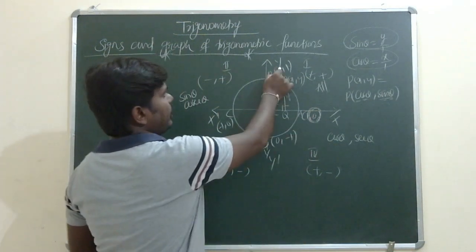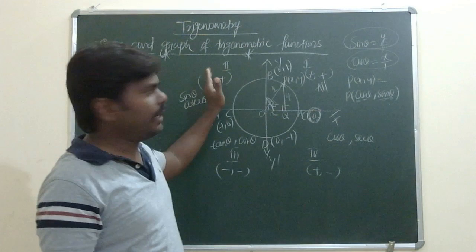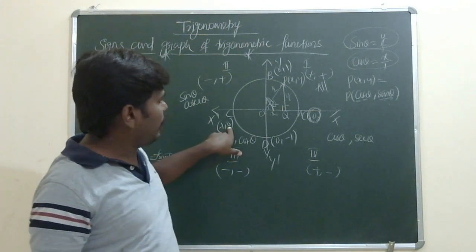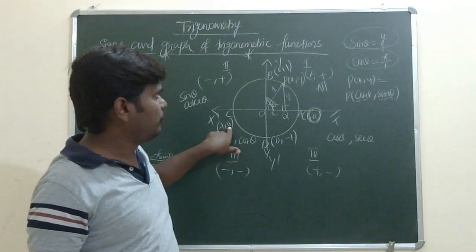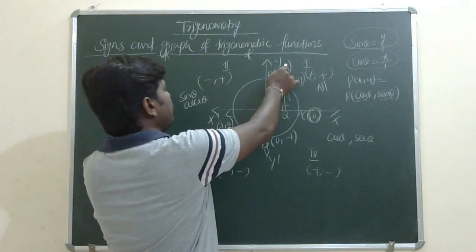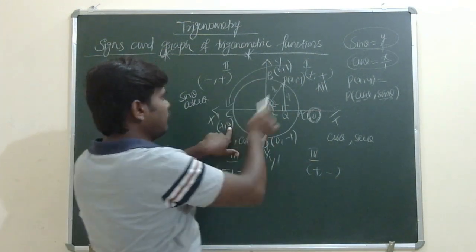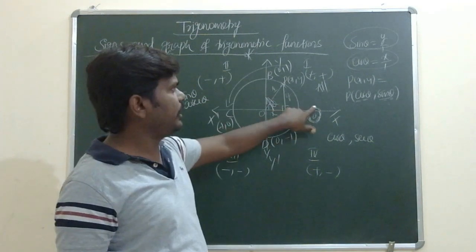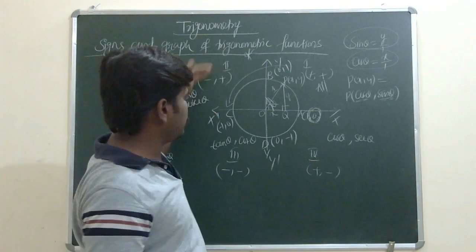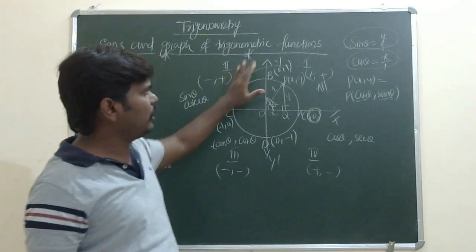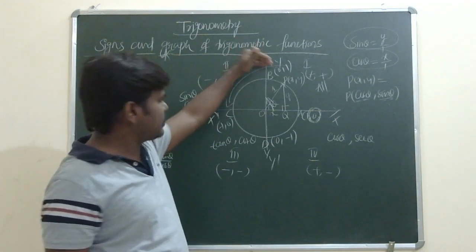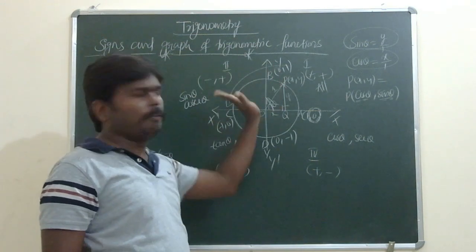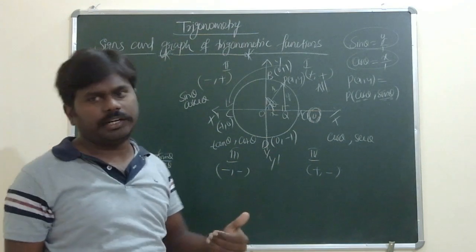Coming to the second quadrant, the y value goes from 1 to 0, so it is decreasing. In the second quadrant the value of sin decreases when theta increases from pi by 2 to pi, or 90 to 180 degrees.